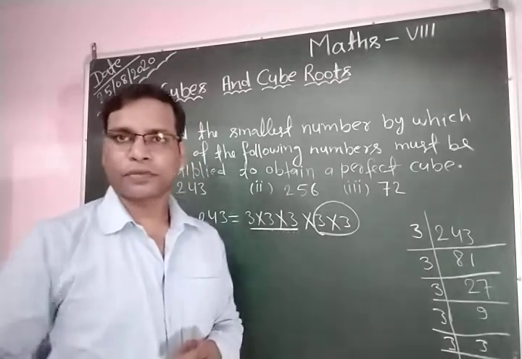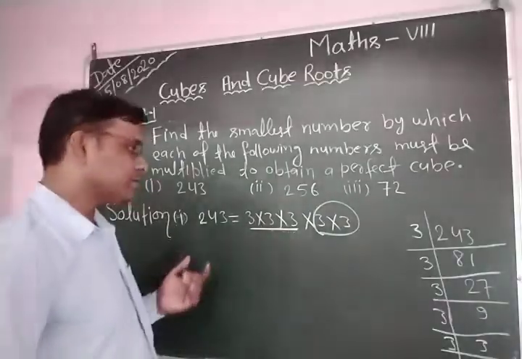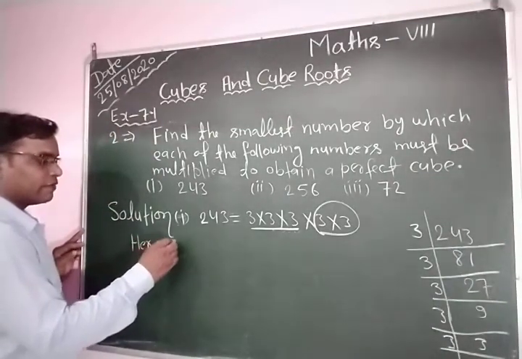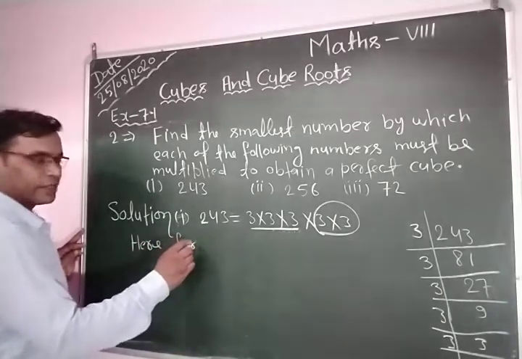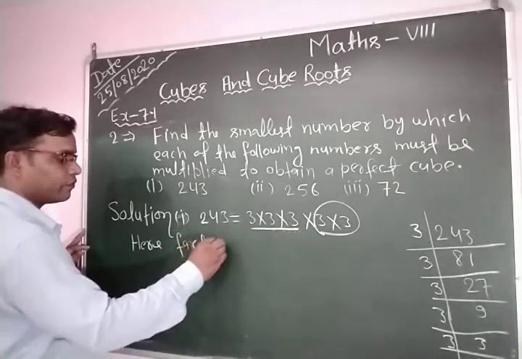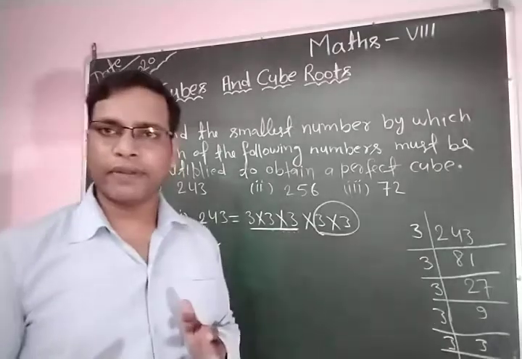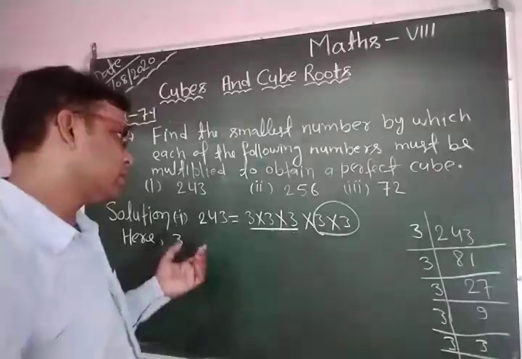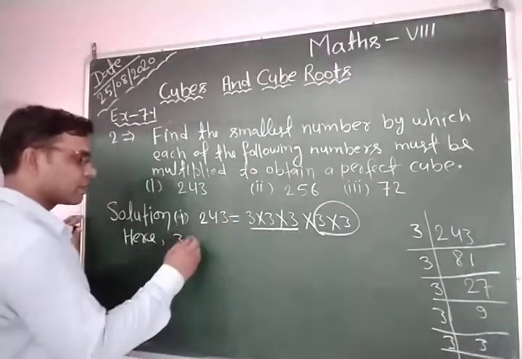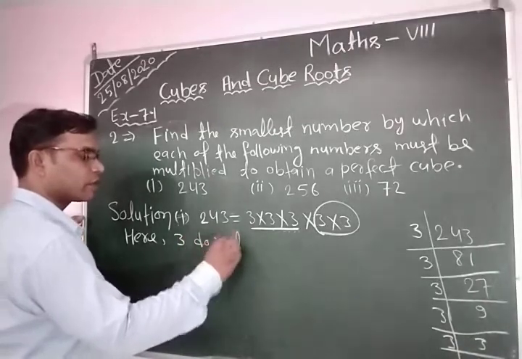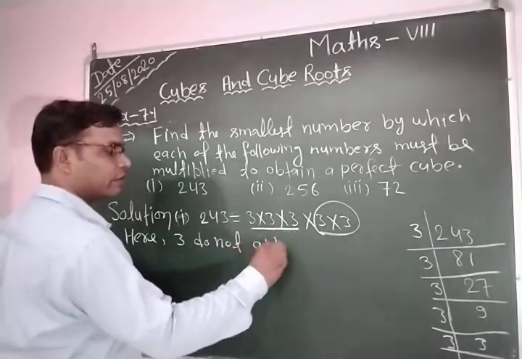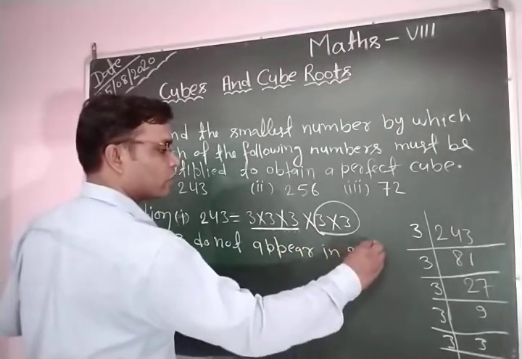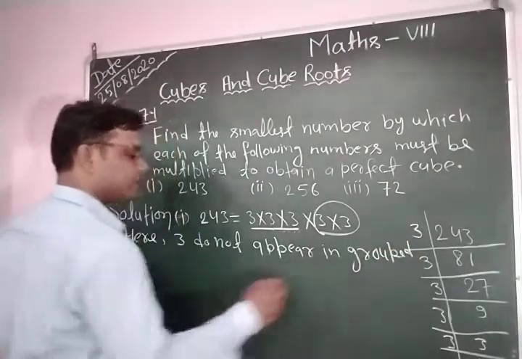Okay, so here you can say one factor of 3 does not appear in a group triplet.